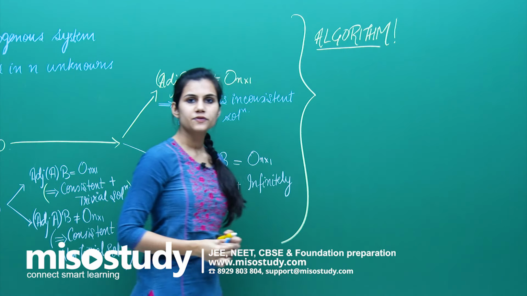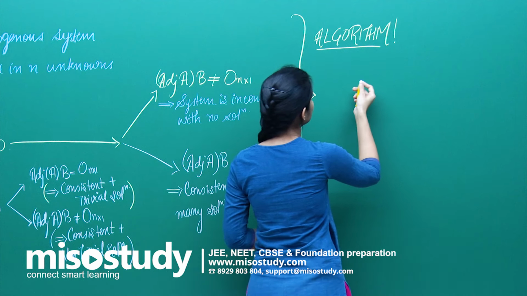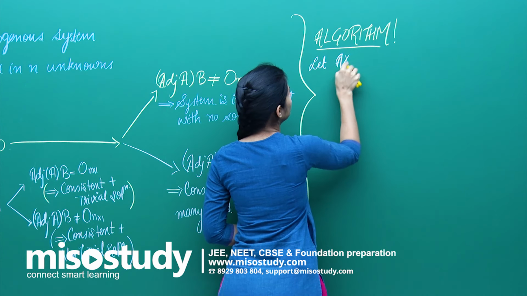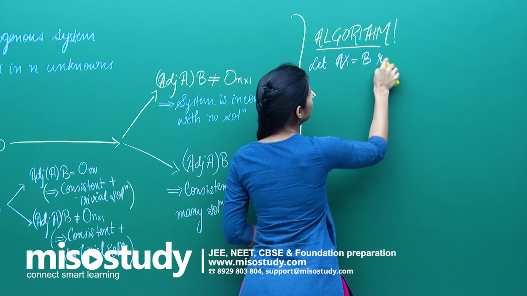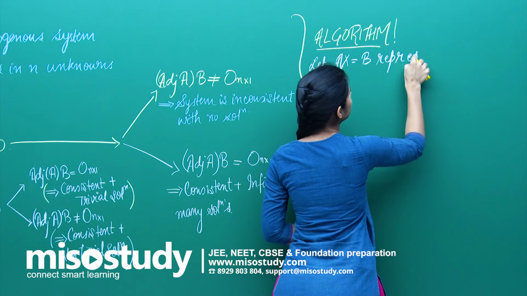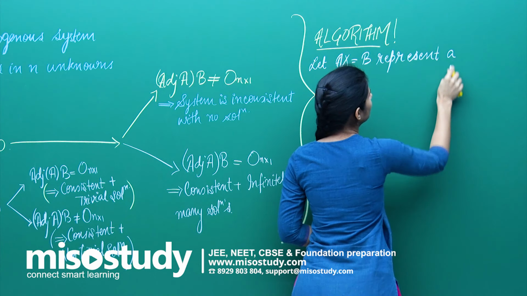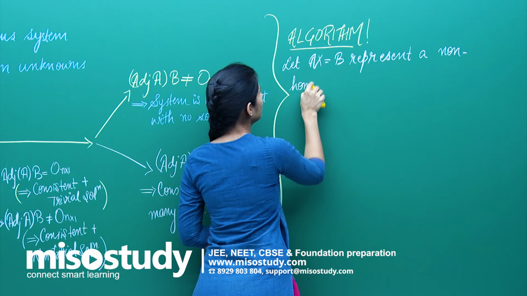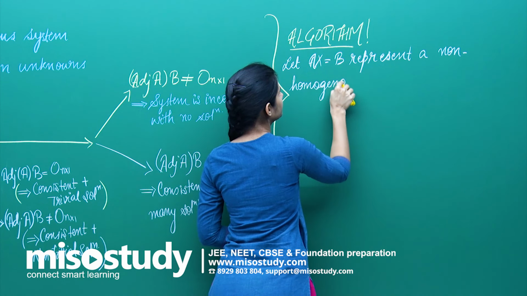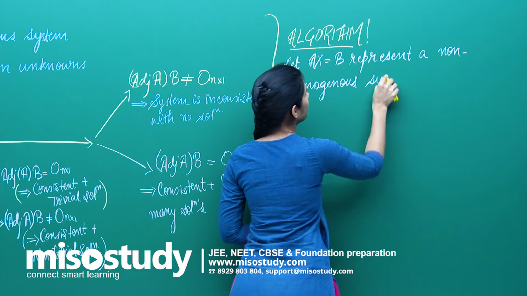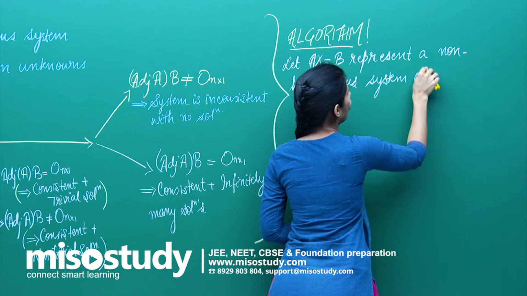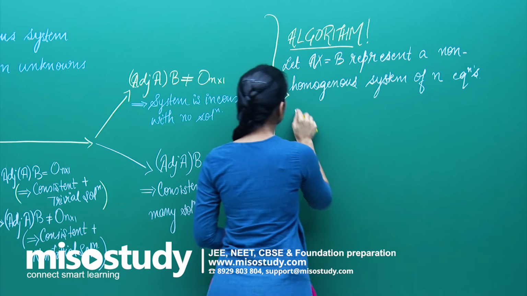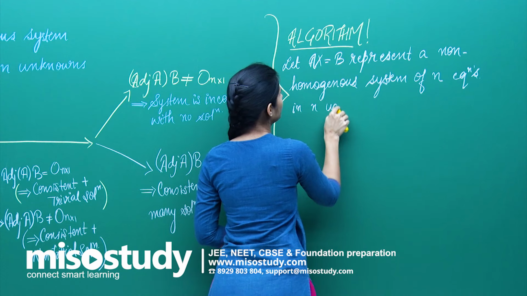What does the algorithm's first step say? So first of all, let us just generally write that let Ax equals B represent a non-homogeneous system of n equations in n unknowns.